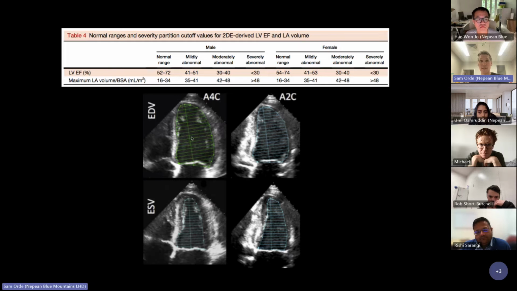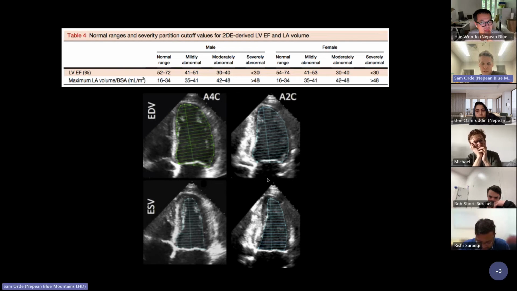So if it is 9 centimeters, you should be within 9 millimeters when you measure the axis in the 2-chamber. That's really important because it makes sure you're not foreshortening the image. If you're foreshortening the image, the likelihood is you are going to overestimate the ejection fraction.